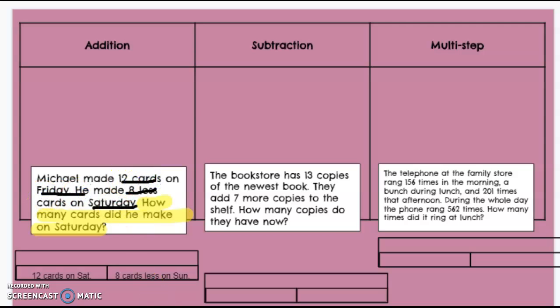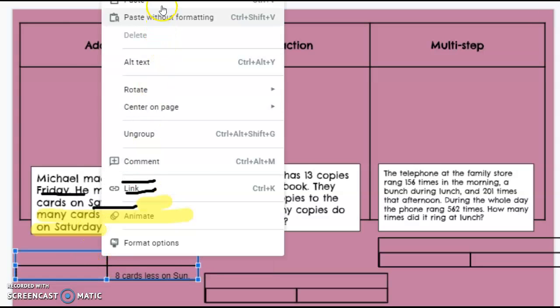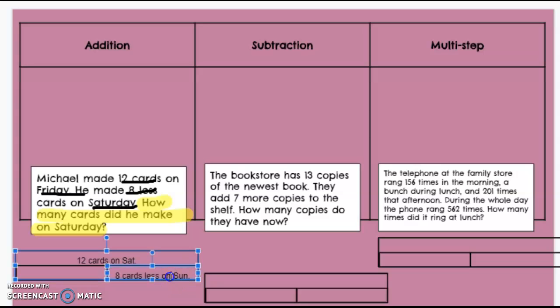If you make less than something, you want to figure out how many less, so we're going to be subtracting, and this 12 cards is actually going to be your total. 12 cards on Saturday, 8 cards less on Sunday. This is the number of cards made on Sunday. So I would subtract 12 minus 8. This is going to be a subtraction problem.